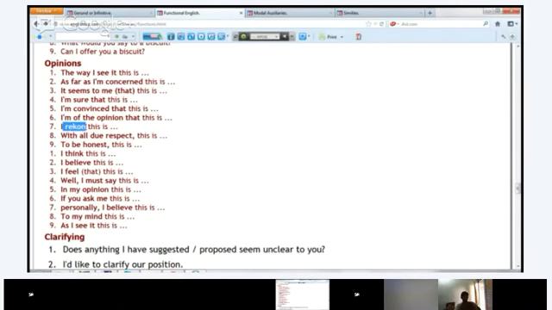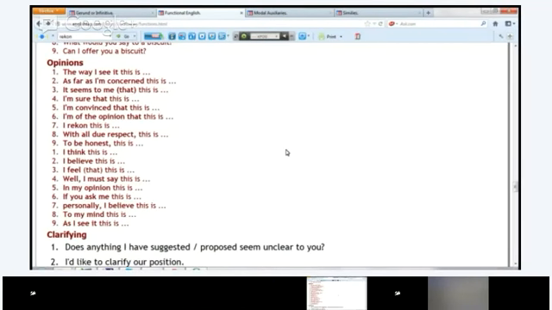I would say this is informal: "I reckon this is the way to do it." Reckon. Yes. I reckon so is like an agreement. This word "reckon" is very laid back, informal. It's like "I think."